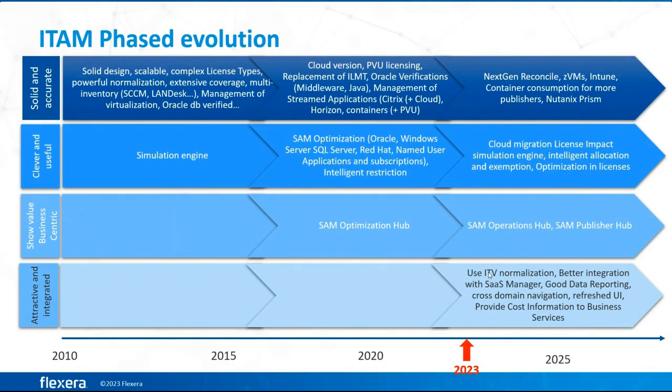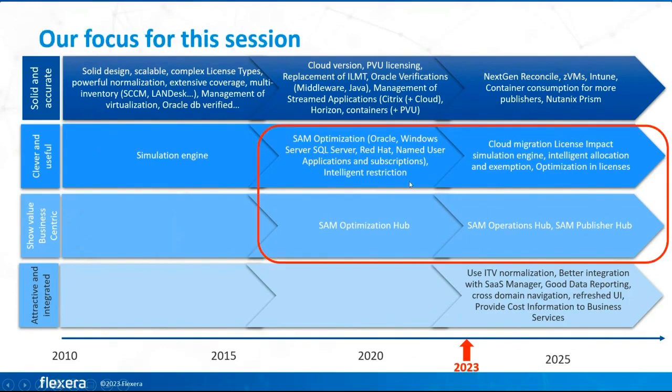So we are going to broaden the value to be more horizontal and more good-looking, I would say, for reporting and for getting data out of ITAM. So we are going to focus on this part, and more particularly on this SAM Operations Hub.